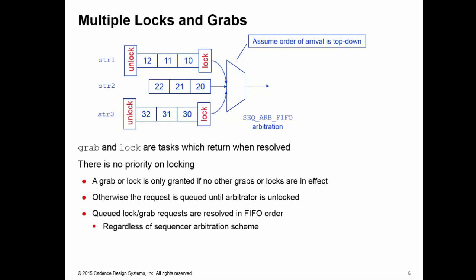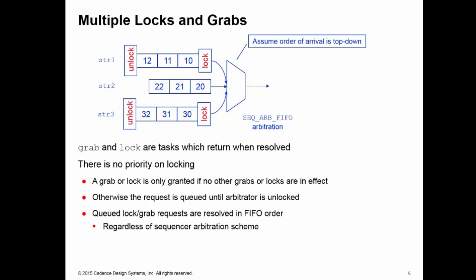So a new grab or a lock is only granted if there are no other grabs or locks in effect. If there is a grab or lock in effect, then the new request is queued until the arbiter is unlocked. And again, queued lock and grab requests are resolved in strict FIFO order, regardless of the arbitration scheme the sequencer is currently using.